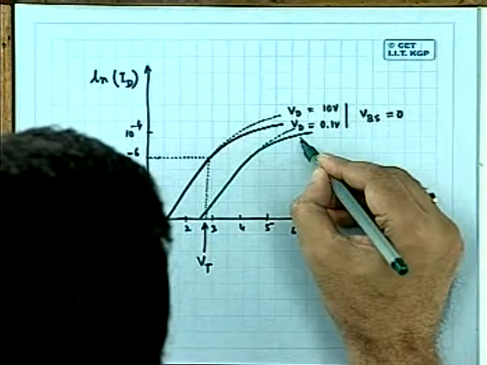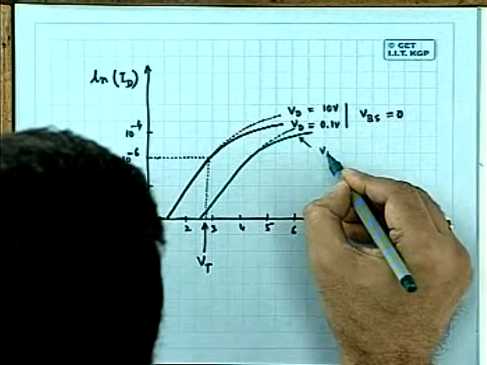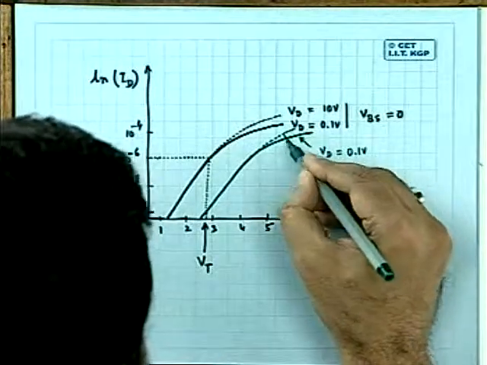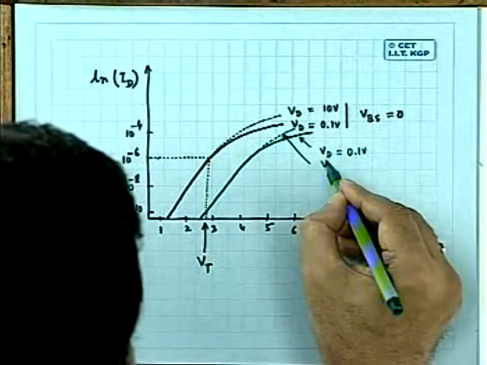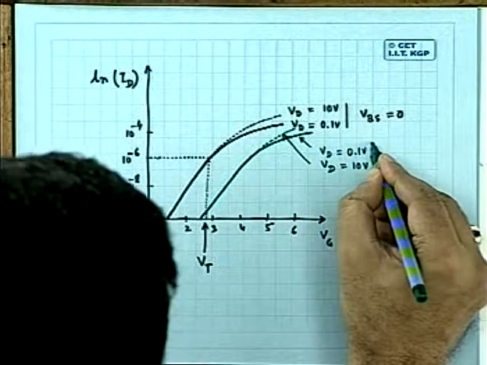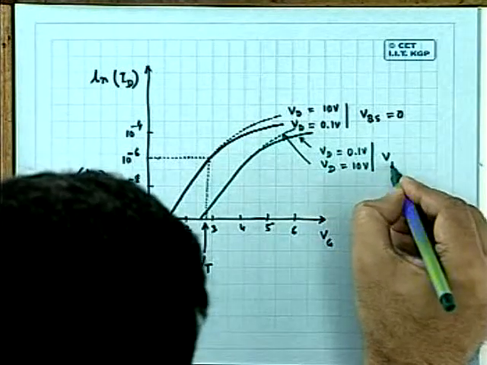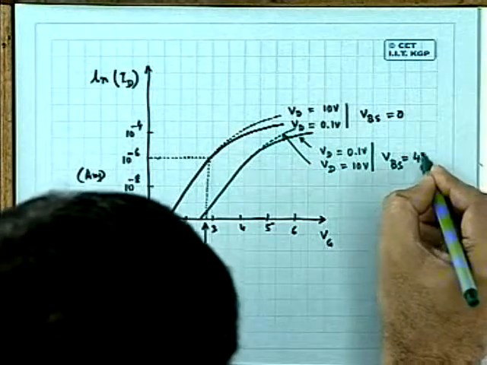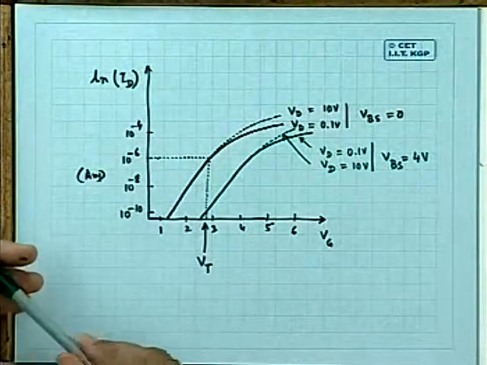So this is Vd is equal to 0.1 volt. This is Vd is equal to say 10 volt. But for this whole thing, Vbs may be some 4 volt, maybe anywhere.